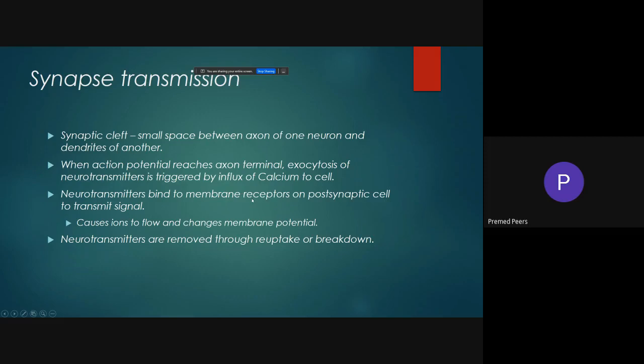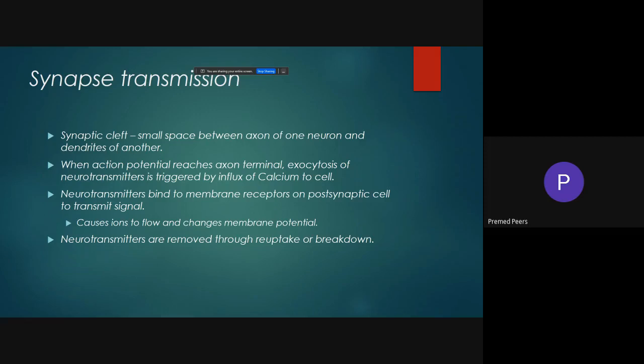And this is key because neurotransmitters can do different things depending on where they're at. You'll see later on when we talk about specific ones, they have different purposes depending on where they are. Typically, the function of a neurotransmitter depends on these receptors. One cell will usually only have one type of receptor for a neurotransmitter, but that determines how it responds to it. So in different parts of the body, the same neurotransmitter does different things.